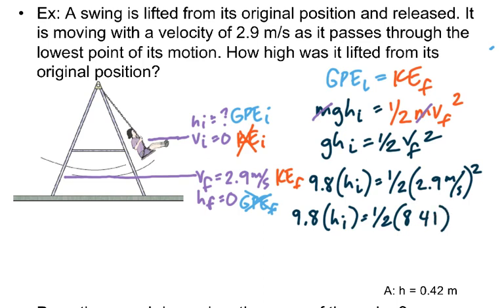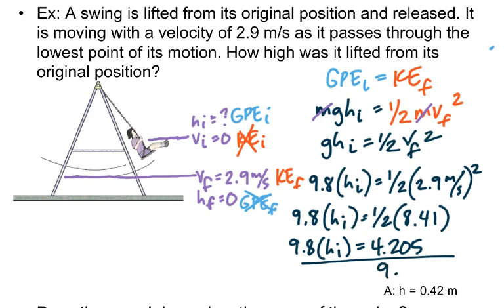And then I'm going to multiply that by 1/2. And that gives me 9.8 times hi equal to 4.205. My next step will be to divide both sides by 9.8. And that gives me an initial height of 0.43 meters approximately. I'm rounding that by quite a bit.